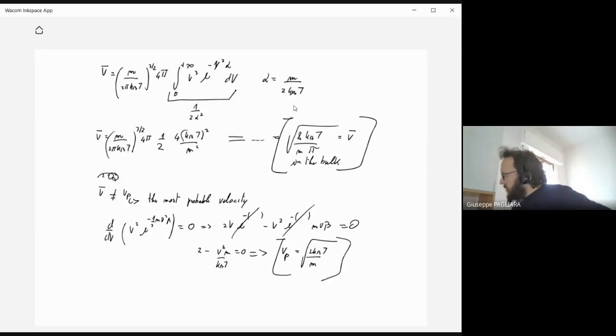So you see that the most probable value and the average value in the bulk, this is again in the bulk, they are different, as you might remember from General Physics 1. I don't know if you have done this calculation. Now let's do the same for the flux of particles streaming out.